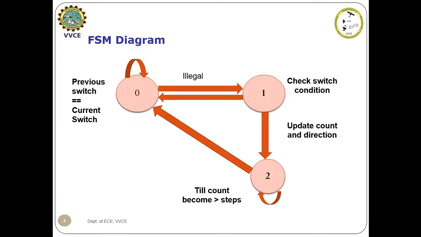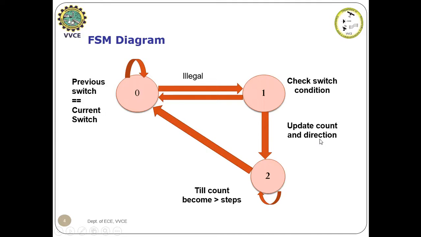The transition from state 0 to state 1 will happen only when one of these conditions matches. If one of these conditions matches, then I have to decide the count value and then decide the direction. I am using direction 0 and 1 for anti-clockwise and clockwise direction. If the condition is 1, 0, 0, then I have to choose the count value. This count value is nothing but how many degrees of count your stepper motor should rotate and in which direction it should move.